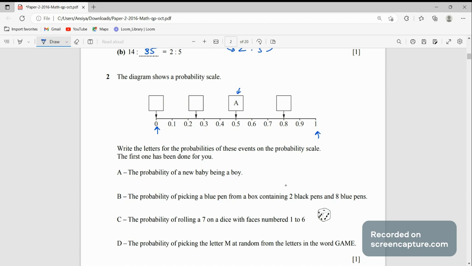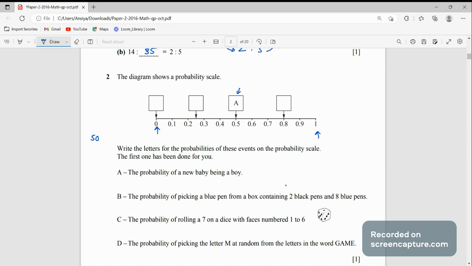The first one has been done for you. A. The probability of a new baby being a boy. We know that a new baby is either a girl or a boy, so it's always a half chance. We say 50-50%. So 0.5.